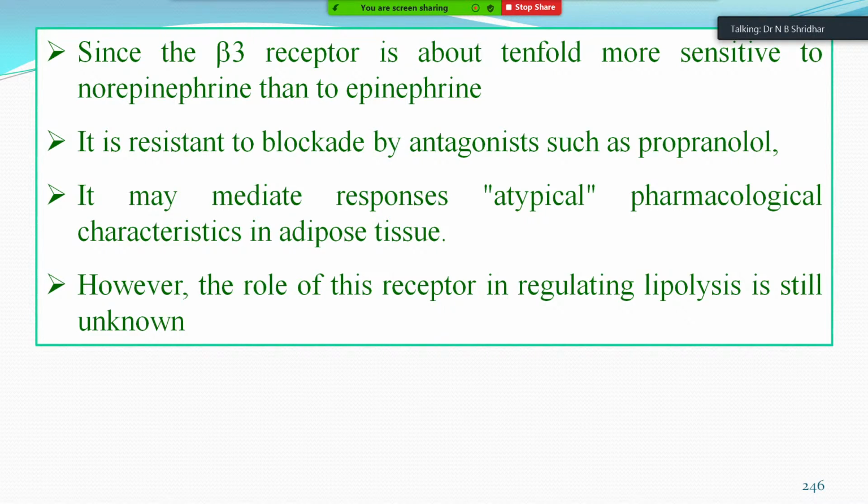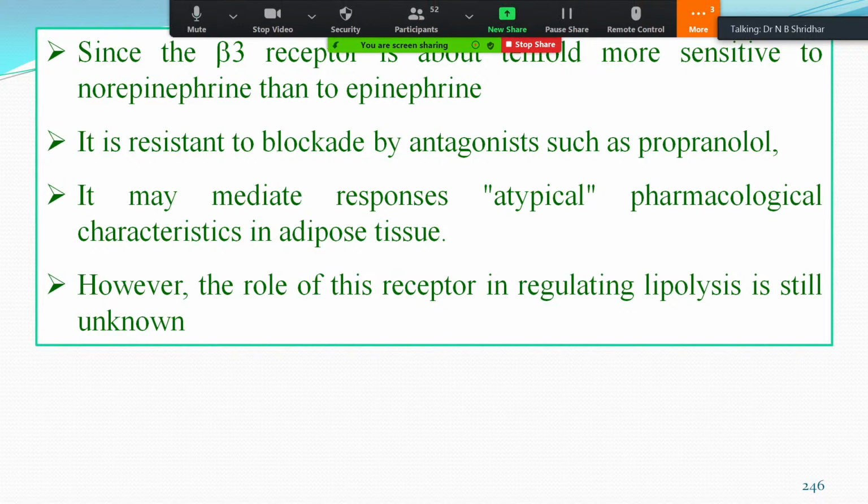However, the role of this receptor in regulating lipolysis is still unknown, even though it is very well known that beta 3 receptors are involved in lipolysis. The exact mechanism of how it does the lipolysis is once again a question mark.